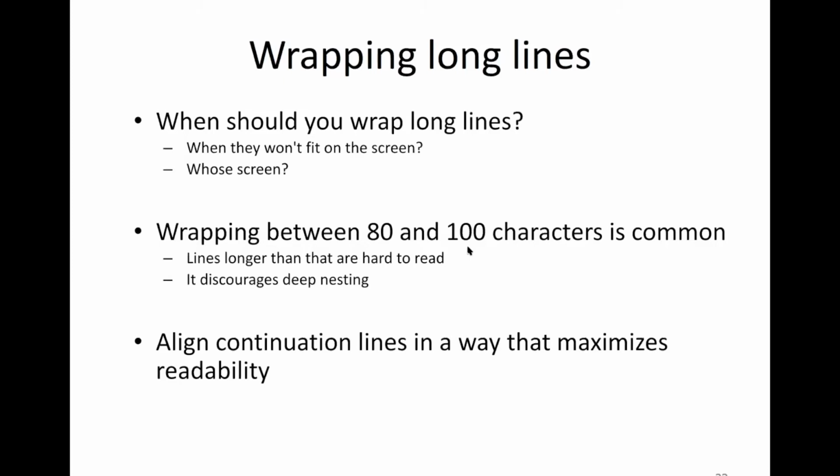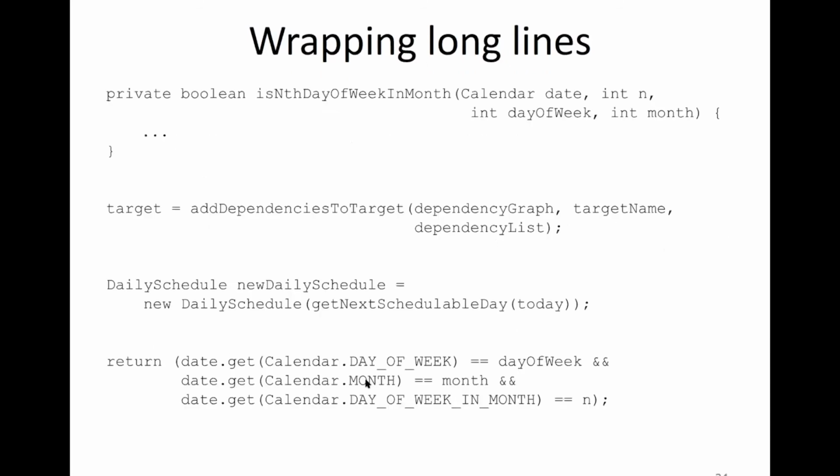Again, have a standard that you and your team hopefully are following, and then just break lines when they get to that point. And we usually want to break them at a good spot, like the beginning of a variable name or the beginning of a parameter name, before we reach whatever our maximum is. And then we want to align our continuation lines in a way that makes it easy to read. And again, there are a couple ways to do that, but we want to have some good way that we follow.